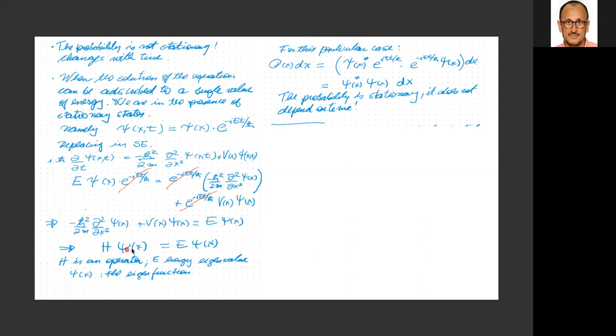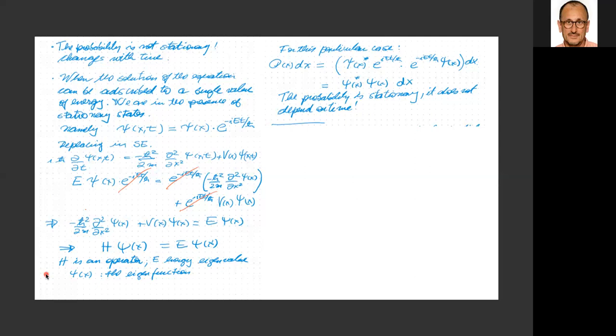And this is an eigenvalue problem, because H is an operator, phi is the eigenvector, and E is the eigenvalue. When I have an expression that looks like an operator times something equal to a number times the something, the something corresponds to the eigenfunction and the number corresponds to the eigenvalue, and solving this equation essentially means solving an eigenvalue problem.